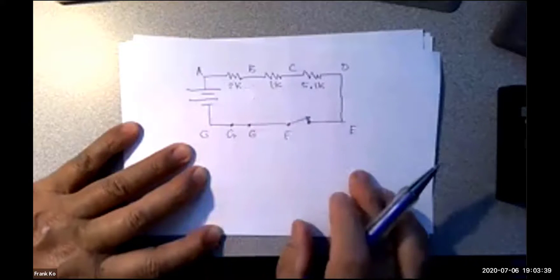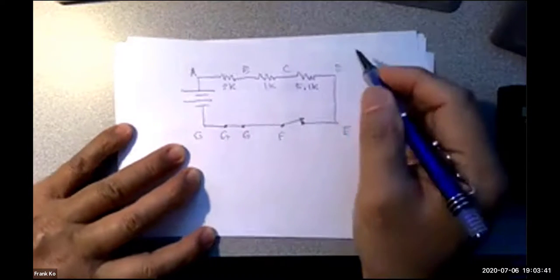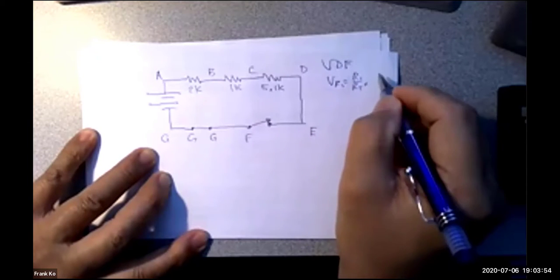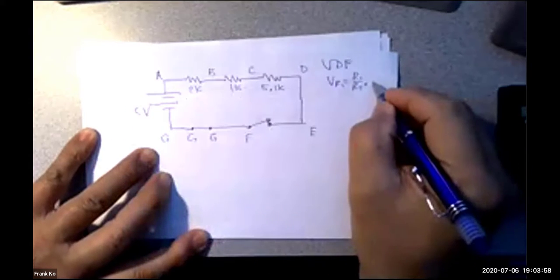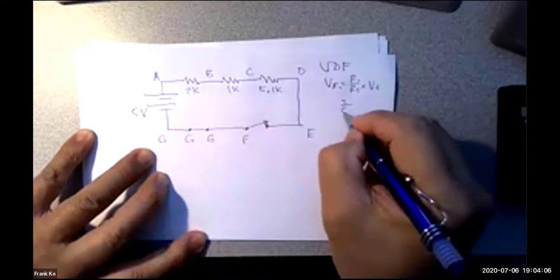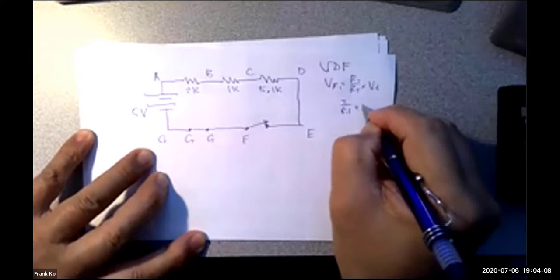So why don't we very quickly do a voltage divider formula. VDF is voltage divider formula, and I want the voltage for R1. So VR1 is equal to R1 over R total times my voltage source, which was 5 volts, VS. I take the value of 2 over 8.1 times 5.